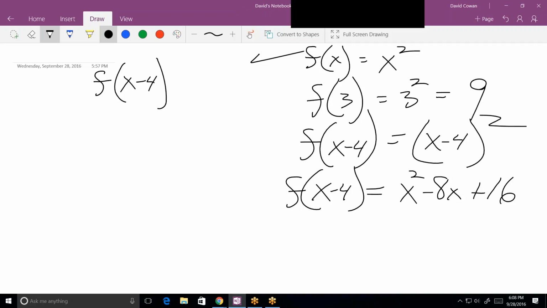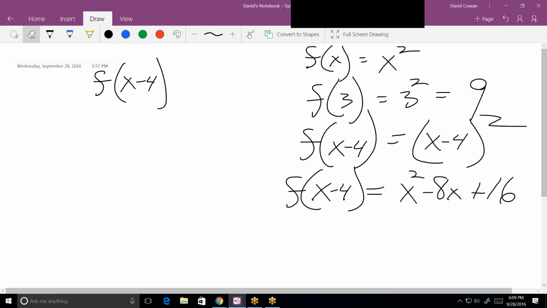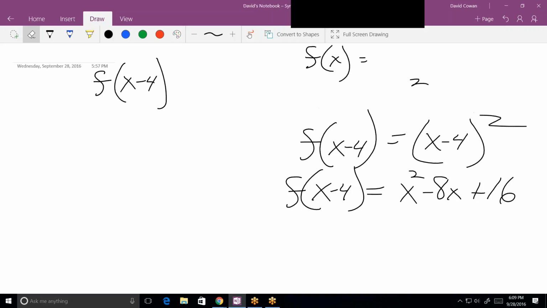And it doesn't really matter how complicated f of x is. The solution is always, always plug whatever is in the parentheses in for x. Okay? So I need an f of x on your f of x minus 4. I need to know what f of x they gave you was.